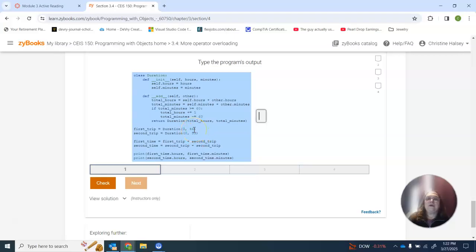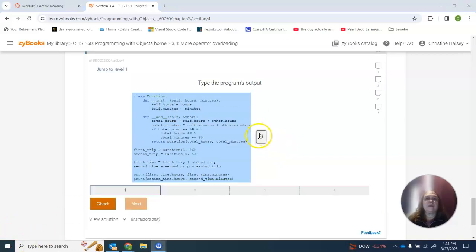So 6 and 3 is 9. Okay, and then we have 4 and 5, which gives us 9, which is 3 past 6. And then the 3 would increment to 4 because we did hit 6.